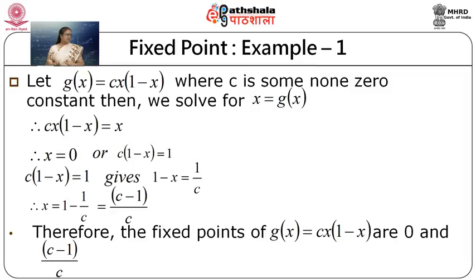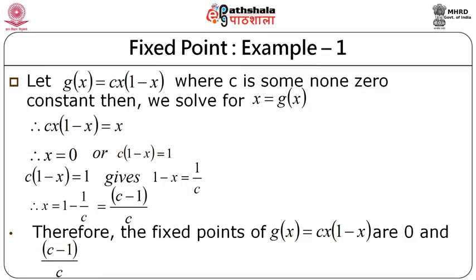Assuming c is non-zero, x is given by 1 minus 1 upon c, that is (c minus 1) by c. Therefore, the fixed points are 0 and (c minus 1) by c.